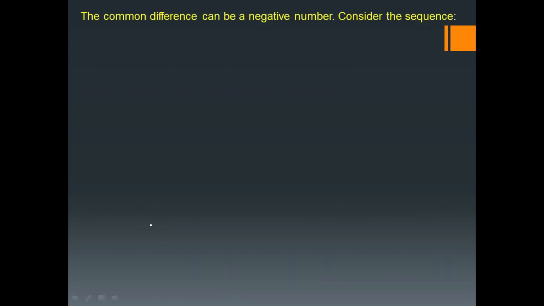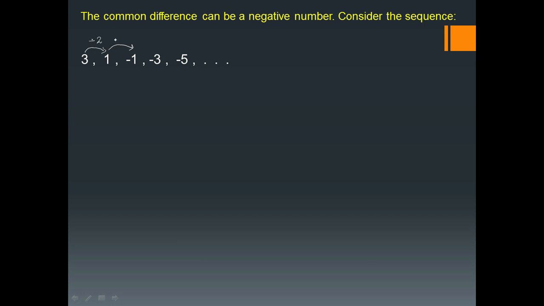The common difference can be negative. Consider this example, so just think about it. What is the number which we are adding with the first term to get the second term? That number is -2.